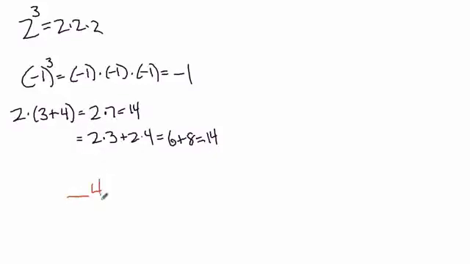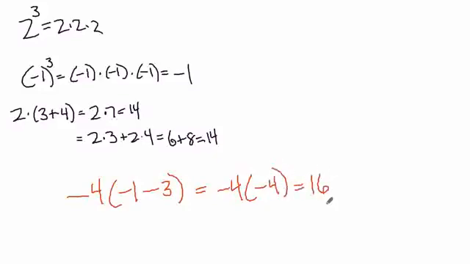So if you had minus 4 times, let's do a really hairy one, minus 1 minus 3. First we'll do it the standard way, where you first simplify the parentheses, so that's minus 4 times minus 4, but we already know what a negative times a negative is. That gives 16.